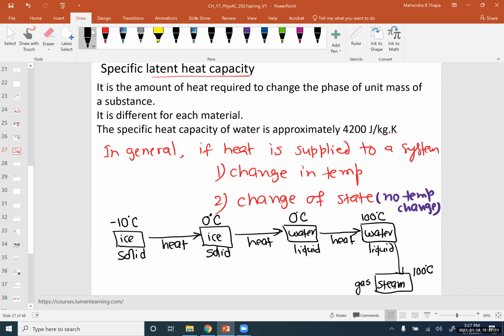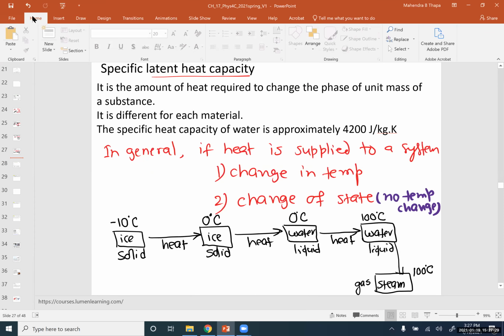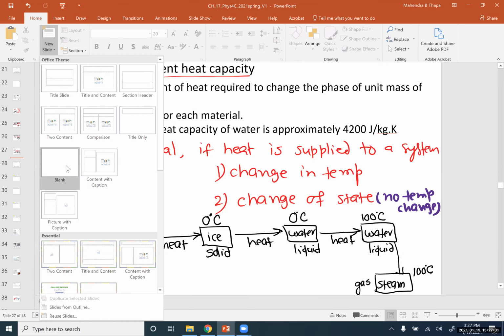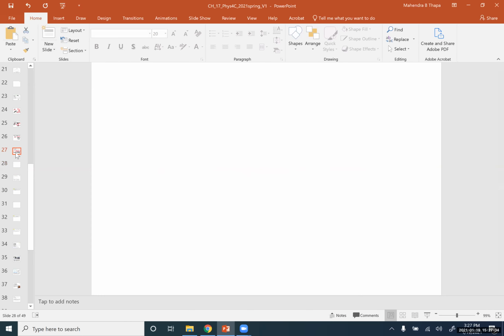So here two things happened: either a change of temperature or a change of state. Okay, so let's see how we can define certain terms.